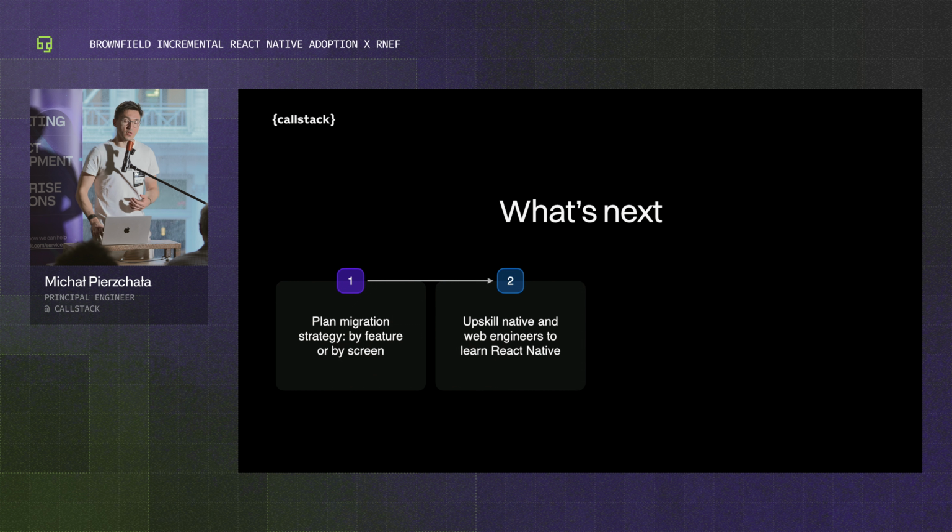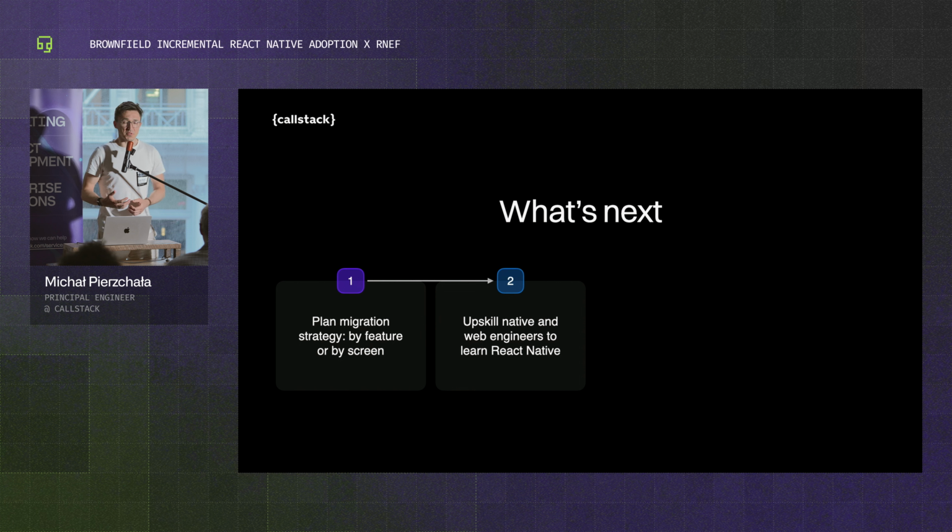We can also teach our web engineers so that they can transfer their React expertise to the mobile environment, which is slightly different than the web. So those skills are not transferring one-to-one. You can get started pretty quickly, and once you hit some native problems, that's going to be super challenging for you as a web developer.